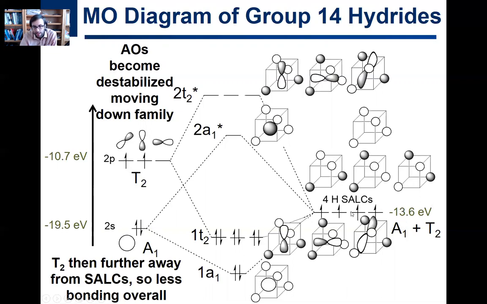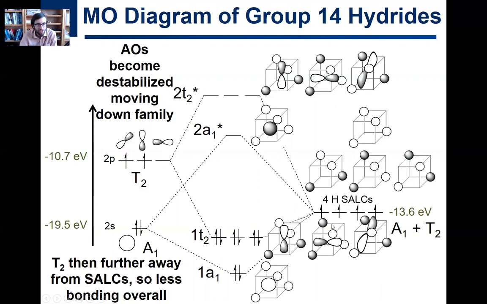We didn't change that. And so if this T2, which is responsible for 3/4 of the bonding, is getting further away from the salts, when you make the T2 bonding, that's not going to be as stable. It's not going to go down as much. Remember, you have to have similar energy, same symmetry.